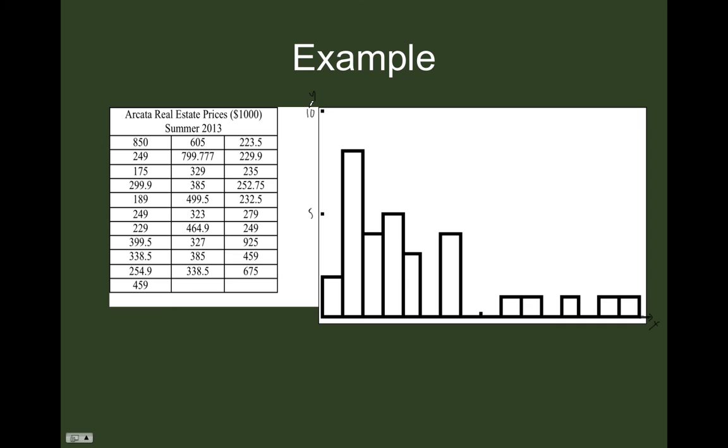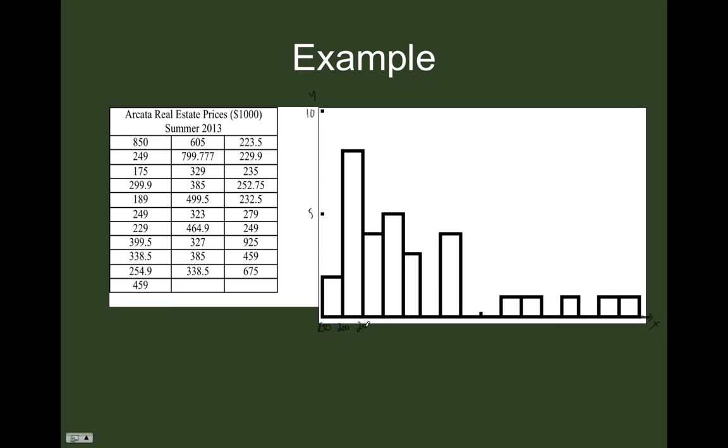Remember that. I'm trying to remember where we started this. We started this at 150,000. And we counted by 50,000. So this would be 200,000.